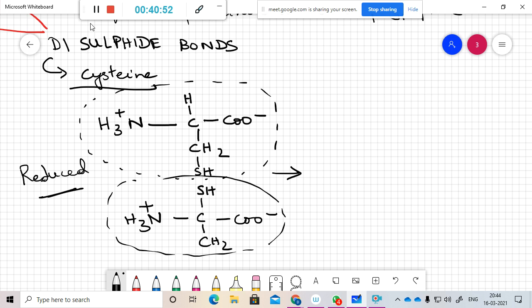Under oxidative stress, or when oxidation takes place, what happens? Two hydrogens come out.